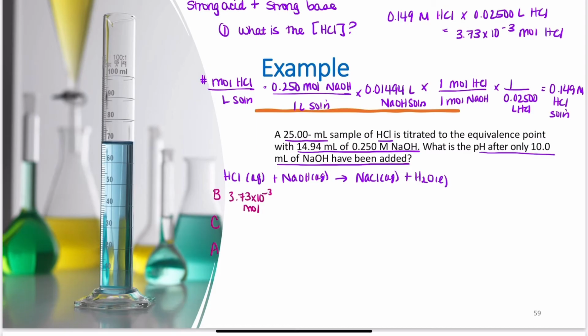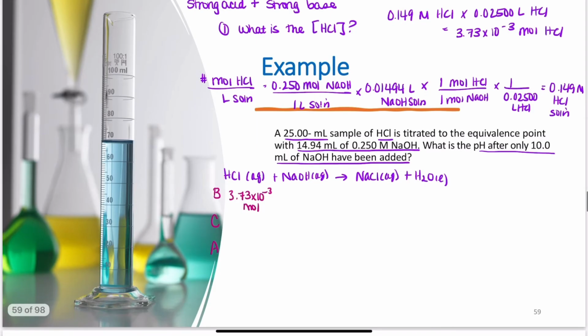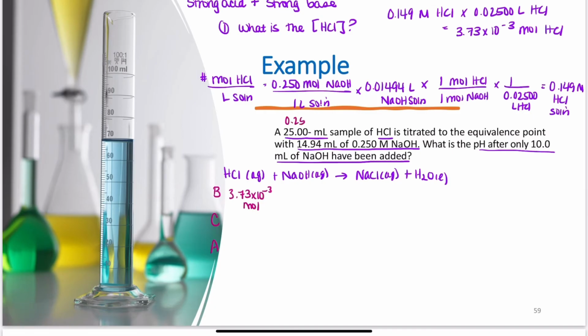And after I've added 10 mL of hydroxide, I've got 0.250 molar NaOH times 0.0100 liters of NaOH. That's 2.50 times 10 to the minus 3rd moles of NaOH.